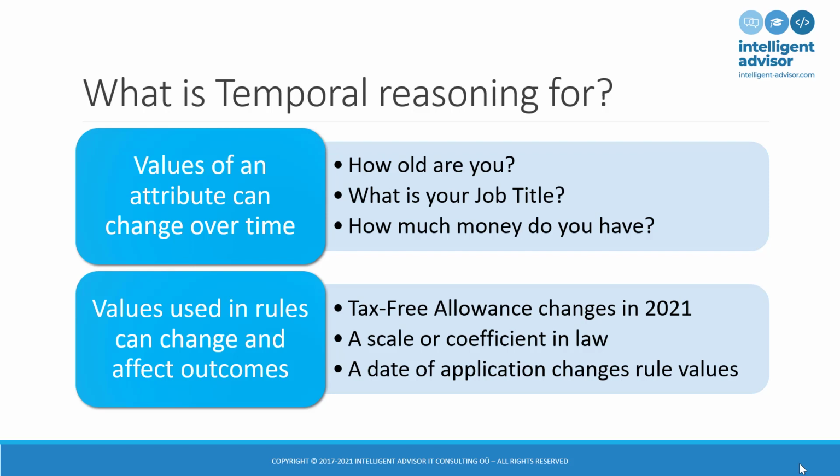That means that you have to be able to handle that in your rule. A scale or a coefficient, the total weight of fish that you're allowed to catch is 0.75% of your body weight, and tomorrow it's 0.65% of your body weight, and so on and so on and so on. So these are the kind of things we're trying to solve.